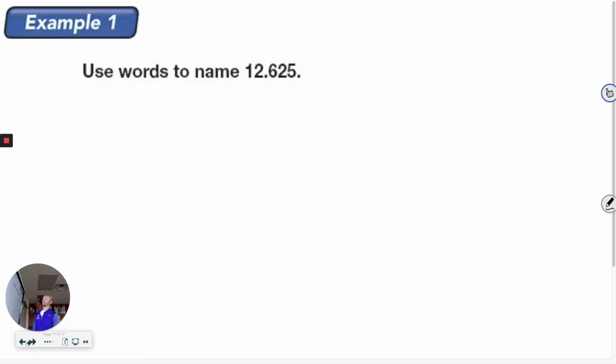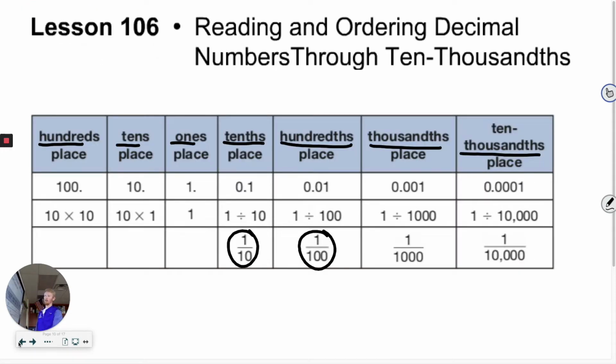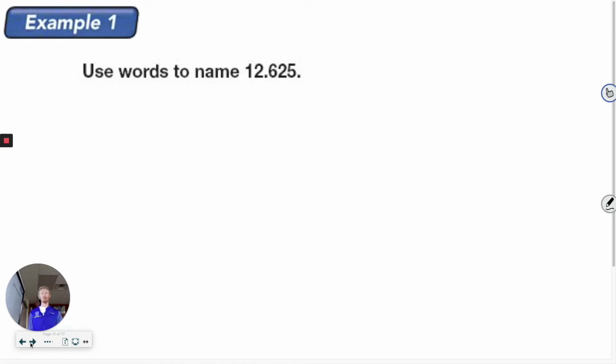All right, so use words to name 12.625. Now when you name it, you're naming it using thousandths, hundredths, etc. You're not going to say that it's named 12.625. You would name it 12.